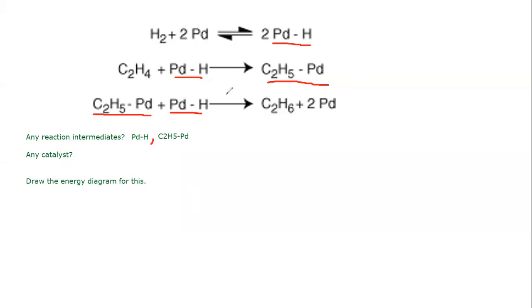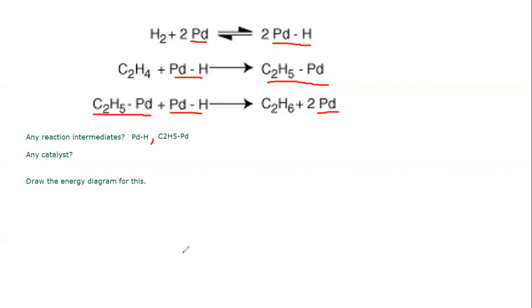Now we want to look at the catalyst. So the catalyst, again, is consumed in one step, produced in another step. So here you see we consume palladium, and in the last step we reproduce palladium. And so this reaction mechanism is for the hydrogenation of ethene.